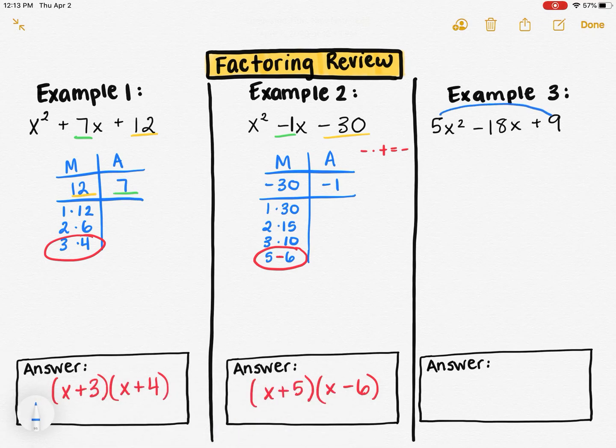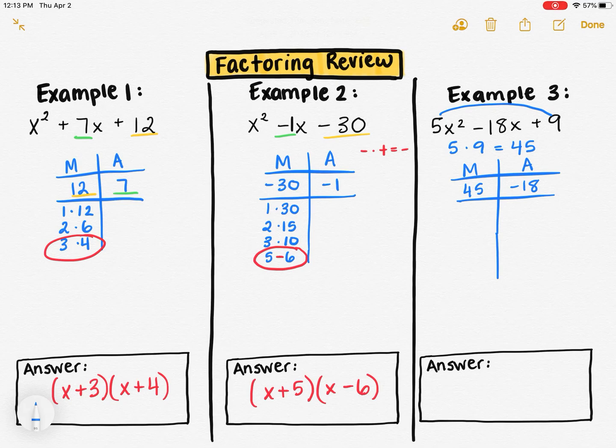So whenever we have a number in front of x squared, we take it and multiply it by the constant at the end. So 5 times 9, if you need a calculator, that's fine. It gives you 45. So that means that the number I'm multiplying to is 45. And the number I'm adding to is -18, still the number in the middle.